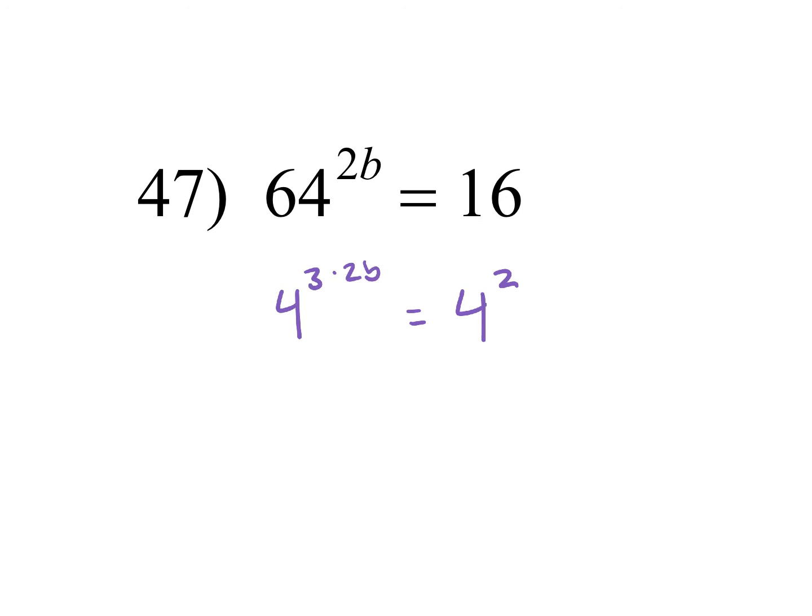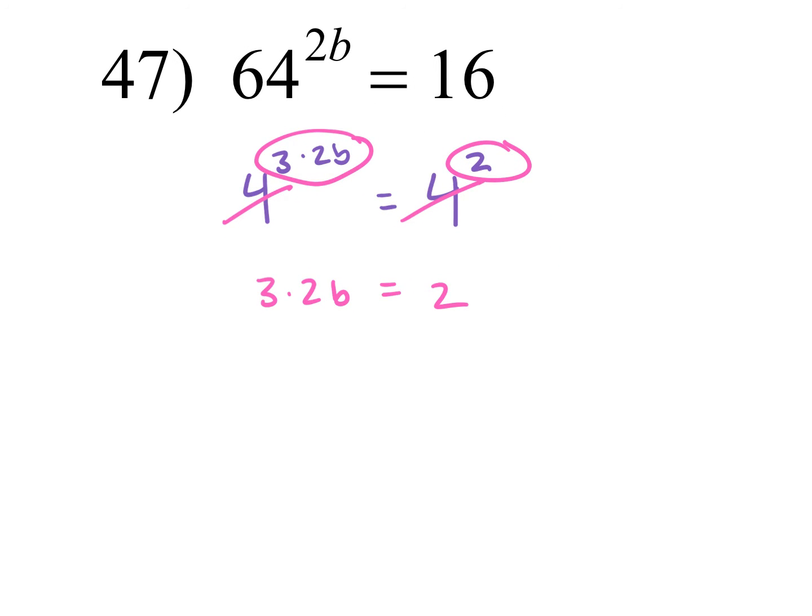Now that my bases are the same, I can just cancel them out. So I have 3 times 2b is equal to 2. So I just set the exponents equal to each other. Multiply 3 times 2b would be 6b. And then we would have to divide by 6 to get b all by itself.